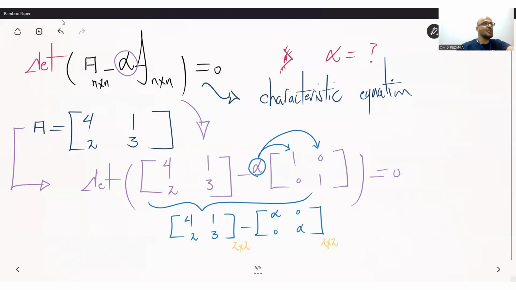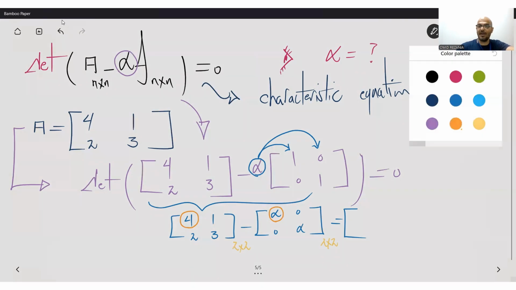It means there's correspondence in the subtraction. If I subtract them, element 4 is like the elephant's ear. The corresponding ear of the mouse is alpha. Both of them sit at the same position.